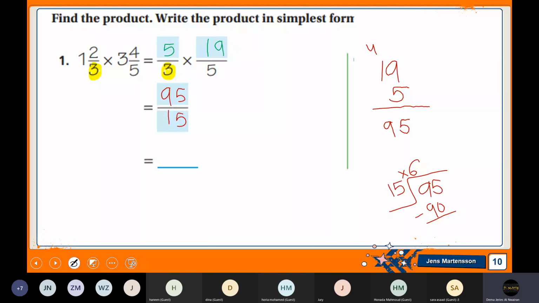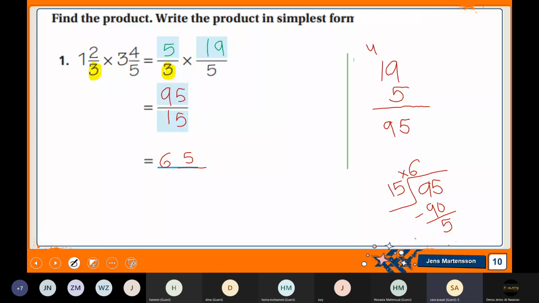So how do you write it now? We have to write the answer: 6, which is the whole number, and the remainder, 5, is the numerator, and the divisor, 15, we have to put at the denominator.